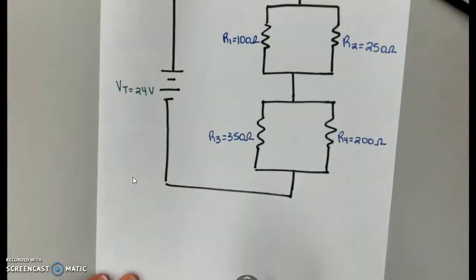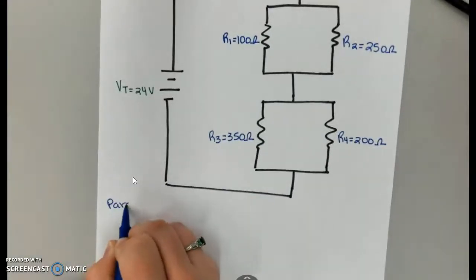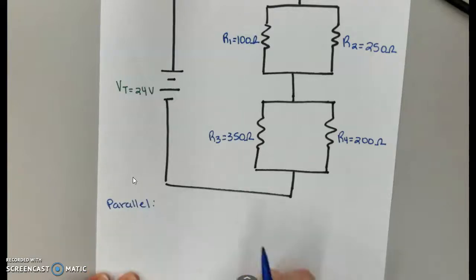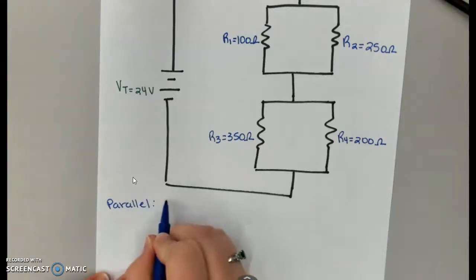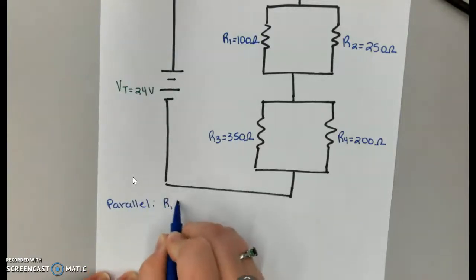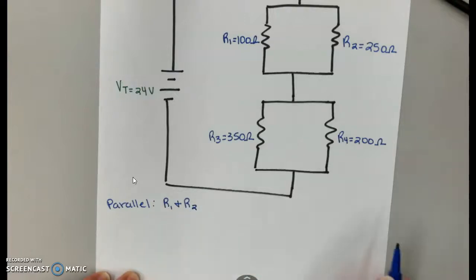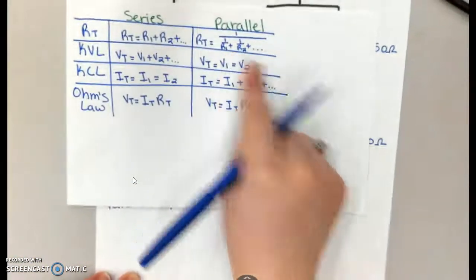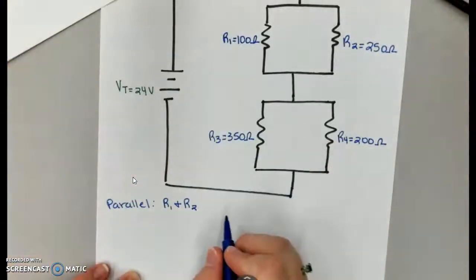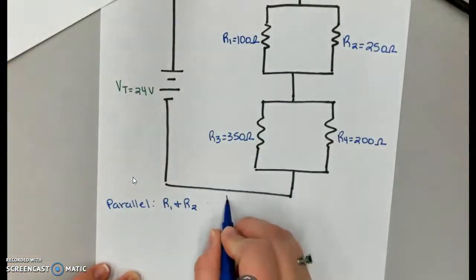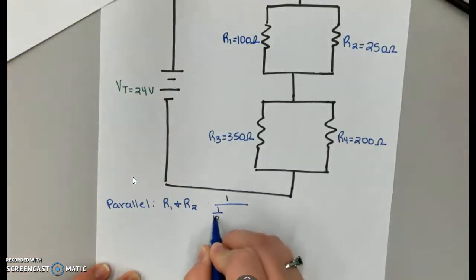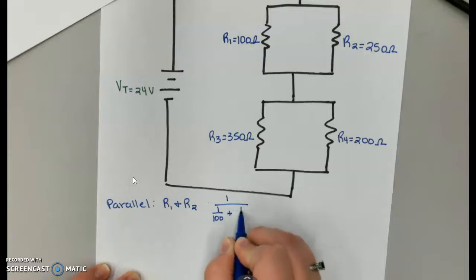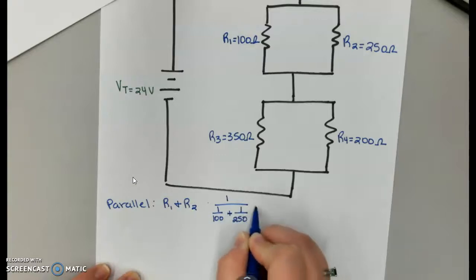So first we're taking care of our parallel portion of our circuit. So if I want to find the sum for resistor 1 and resistor 2, I have to add them the way I add resistance for parallel. So the inverse of the sum of the inverses. So 1 over 100 plus 1 over 250.